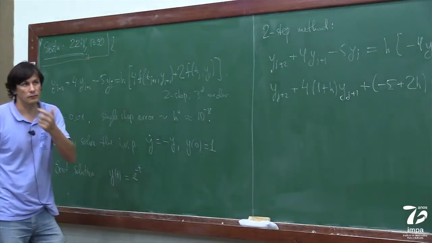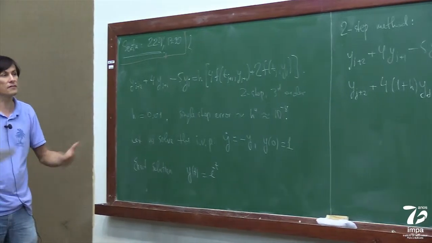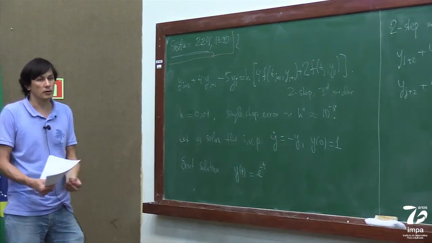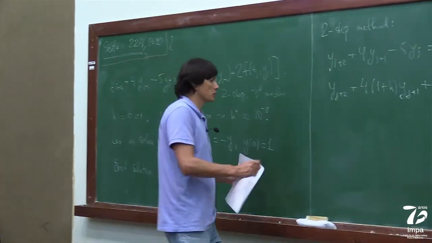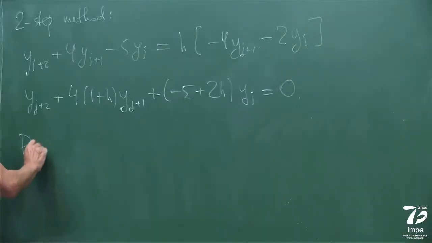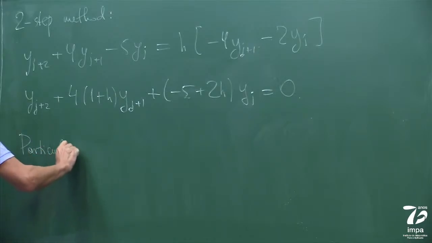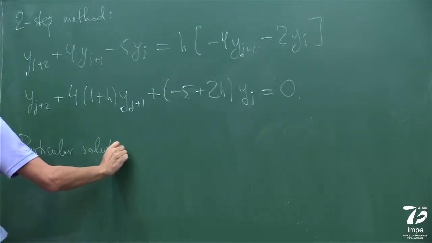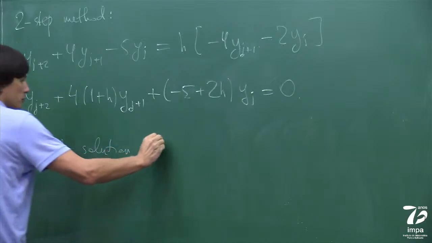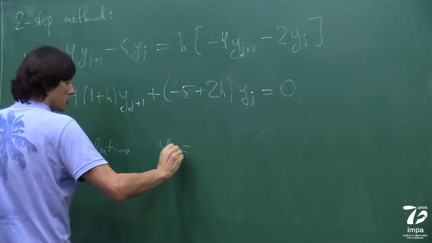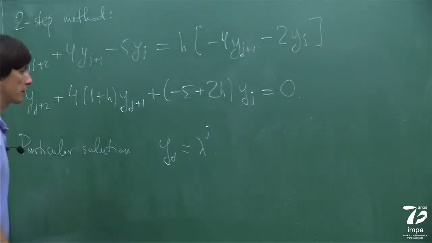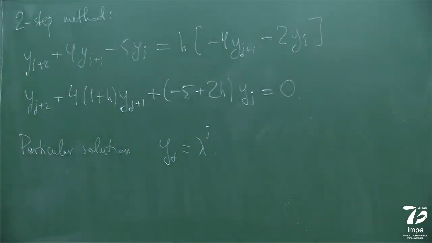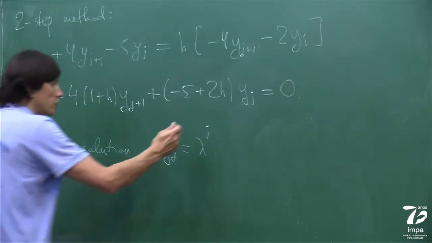So if you have two different particular solutions, a linear combination of them will be a general solution. The particular solution can be taken as a power law: y_j = lambda^j, and we need to find lambda.